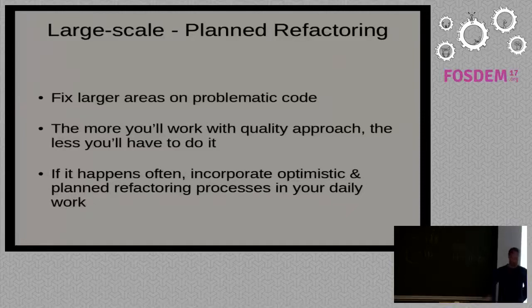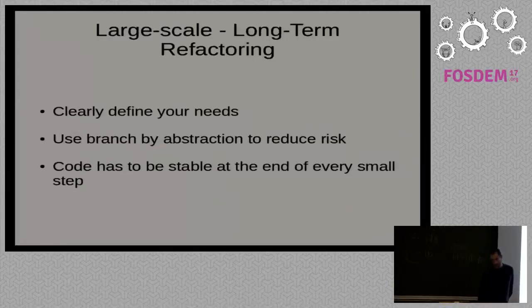And you also have the case when you want to replace a big part of your legacy framework, like, okay, I want to replace this old module by a vendor one, or move this from one API to another one. That's a long-term task, and I recommend for that to use a branch by abstraction to reduce the risk.